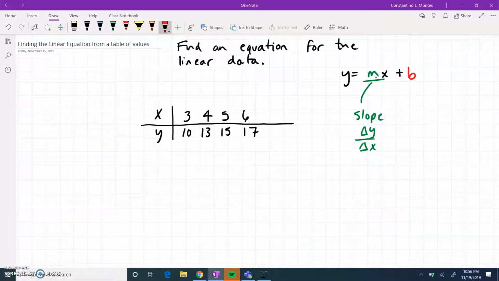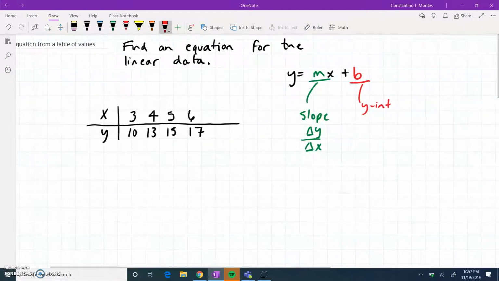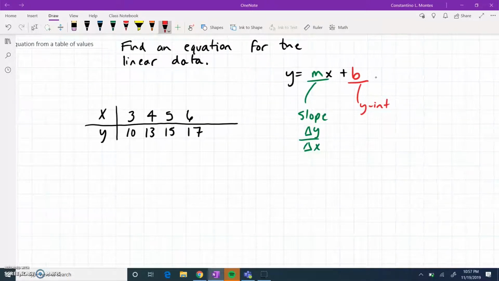Over here, I have the y-intercept. Something to note of the y-intercept, and I think you guys understand that when we say y-intercept, we mean the place where the graph of this data crosses the y-axis. There's something that we should note, and that's that the y-intercept happens when x equals 0.